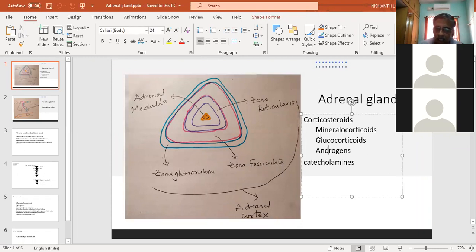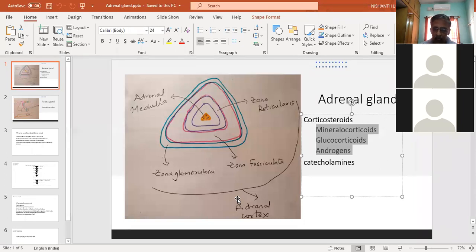Now, if you go through the names, mineralocorticoids, glucocorticoids, and androgens, you can understand that mineralocorticoids are concerned with mineral metabolism, glucocorticoids are concerned with glucose metabolism, and the third one, androgens, are sex hormones. That means the concentration of minerals is controlled by the mineralocorticoids, the concentration of glucose in the body is controlled by the glucocorticoids, and androgens are sex hormones.